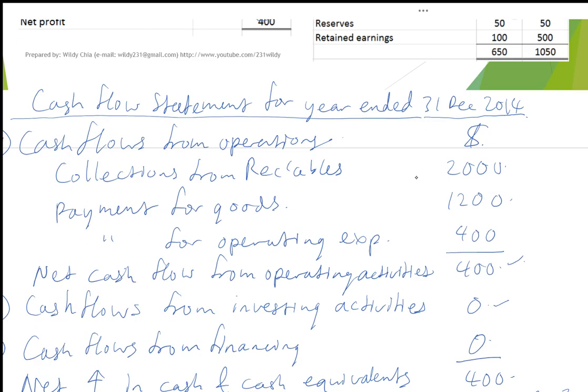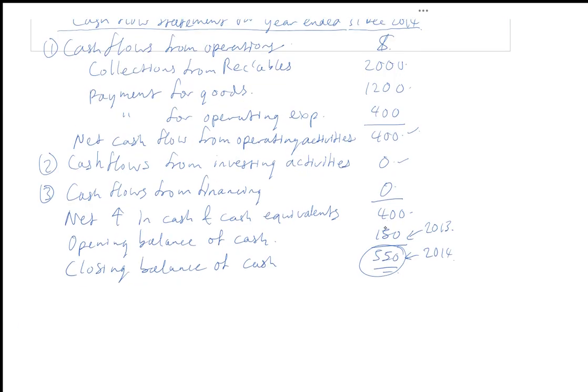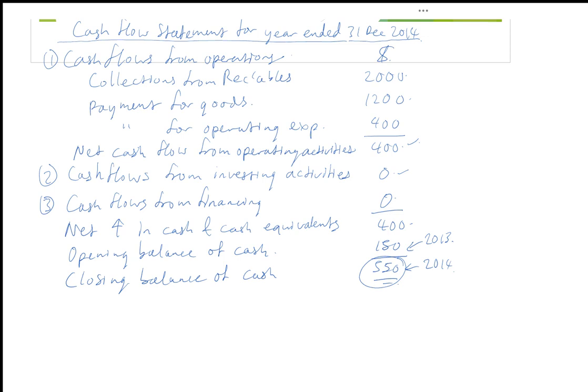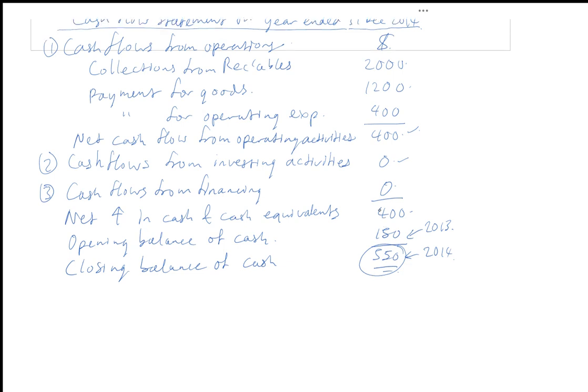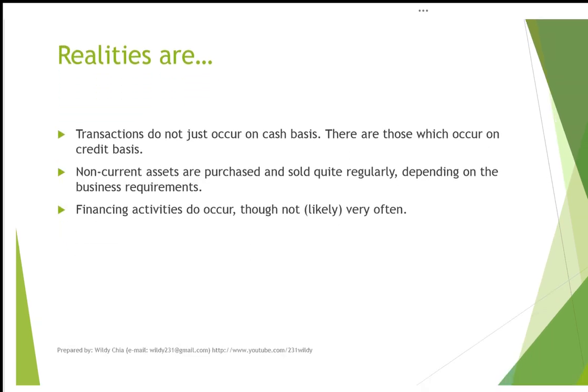So we have done all that, and this is a very simple cash flow statement, right? Nothing too complicated, but obviously if you're taking this in the exam, it can't be that simple, right? Okay, so that does it for the cash flow statement. The realities are that transactions don't occur on cash basis.